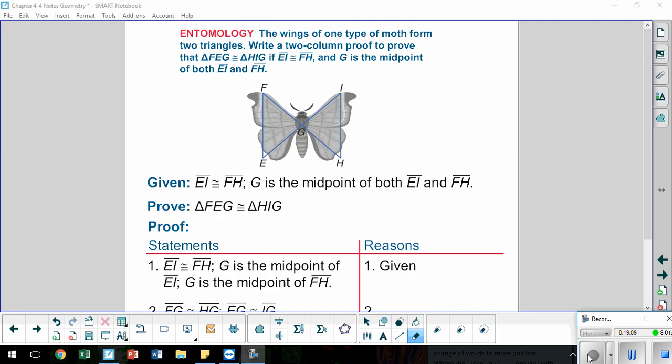So these are one type of mark on two triangles. Now that you've gone through to prove that these two triangles are congruent, okay? If this side, CI, is congruent to FH, and C is the midpoint of both of those two.